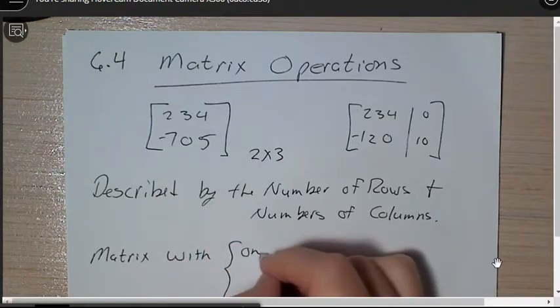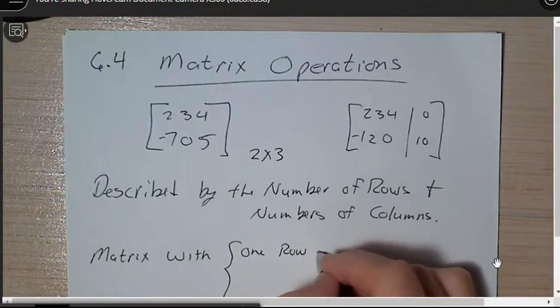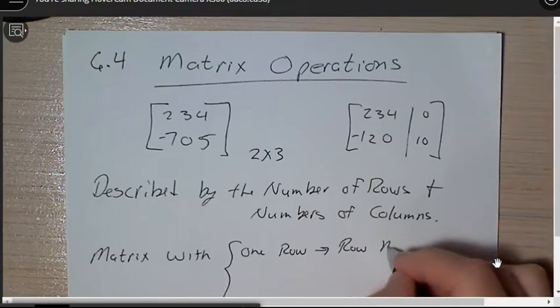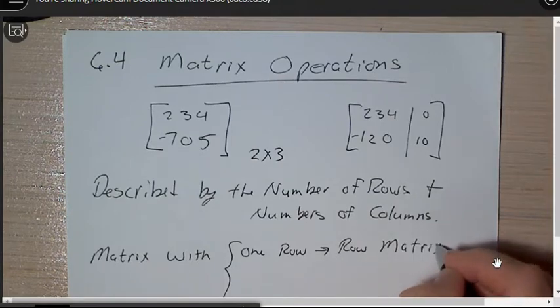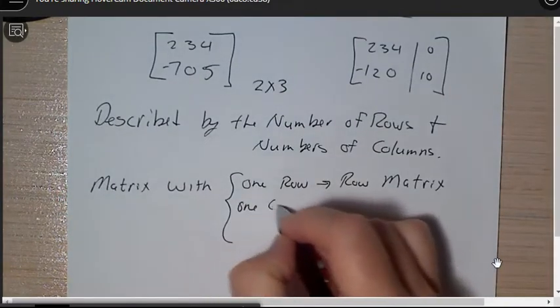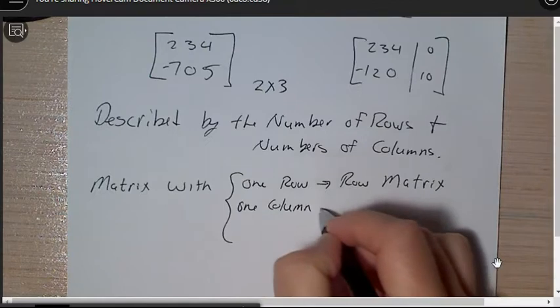If you have 1 row, they call that a row matrix. If you have 1 column, of course, that makes it a column matrix.